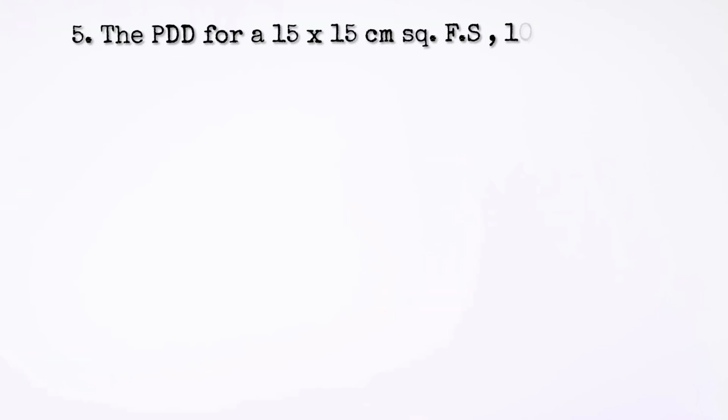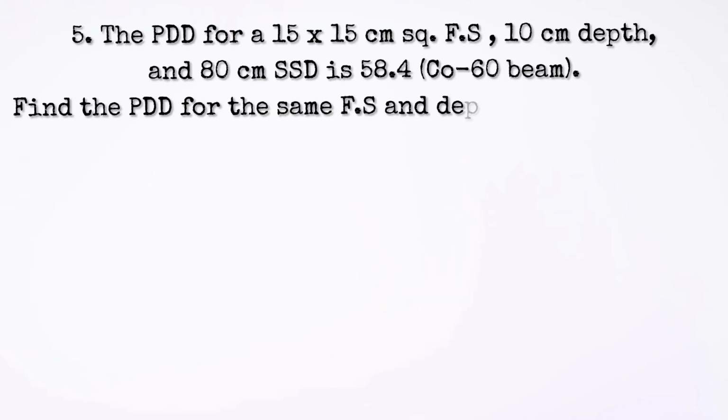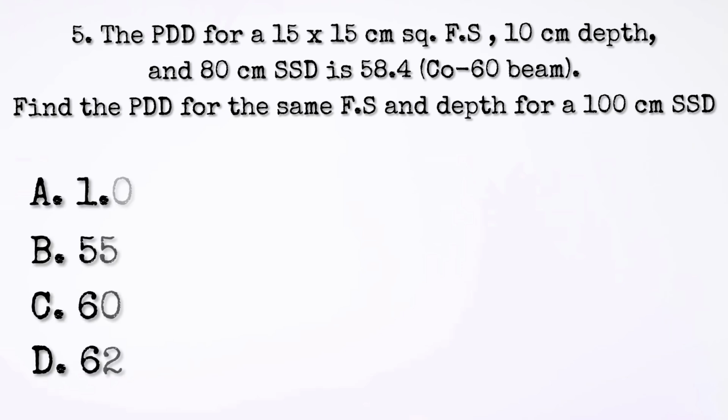The PDD for a 15 into 15 centimeters square field size, 10 centimeters depth, and 80 centimeters SSD is 58.4 for a Co-60 beam. Find the PDD for the same field size and depth for a 100 centimeters SSD.